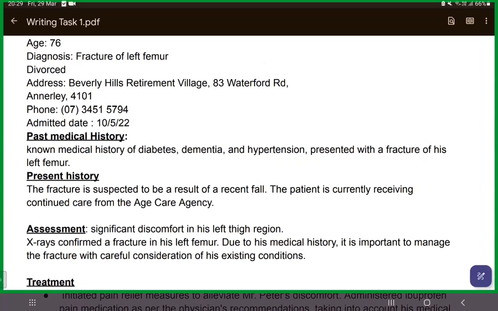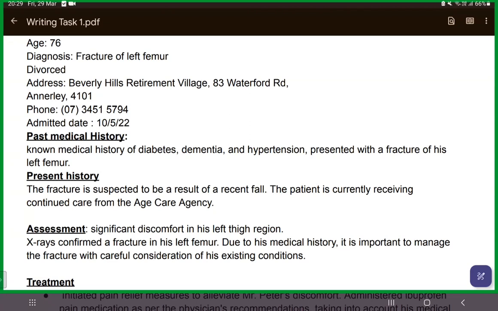So it is a known case. The patient is already under the care of the aged care agency. So we don't need to write whether divorced, address details and phone number, all those things, and past medical history also we can avoid because it is a known case.